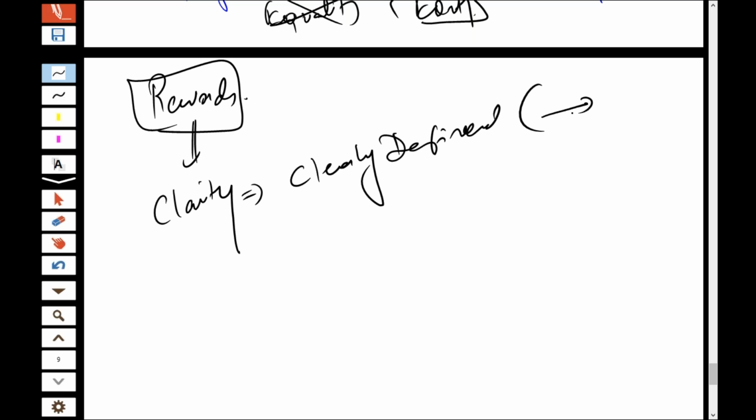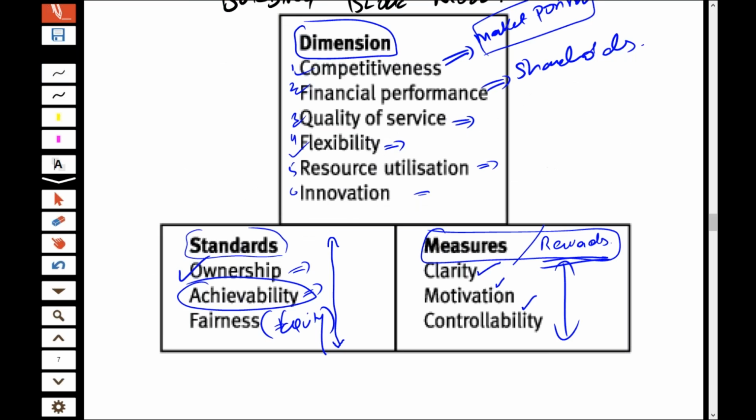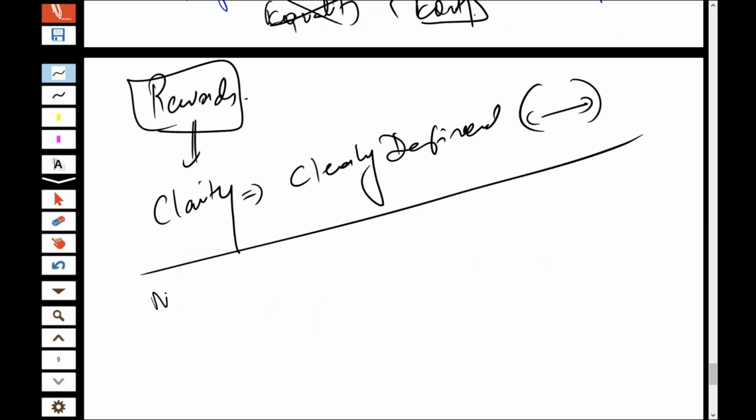There should be no gray areas, no thin lines. It has to be clear. The second one of them is motivation. They should be motivating, encouraging. If you are setting rewards which are not encouraging, that is going to be of no point.